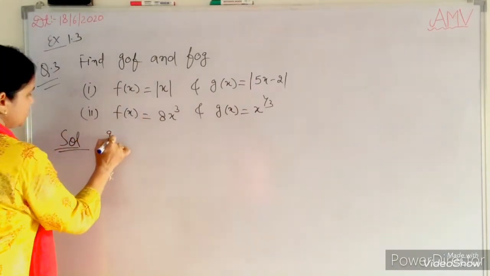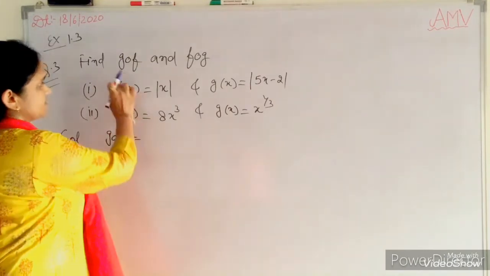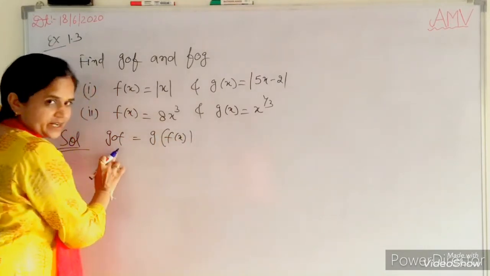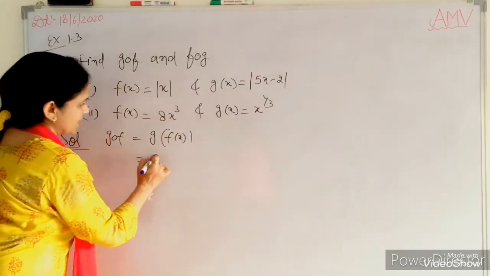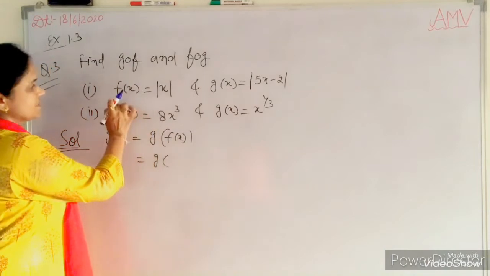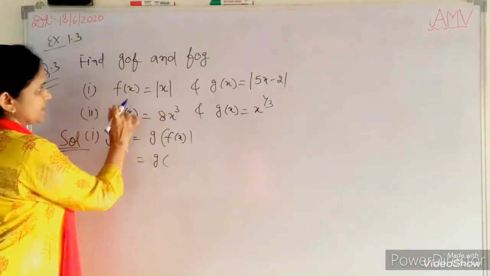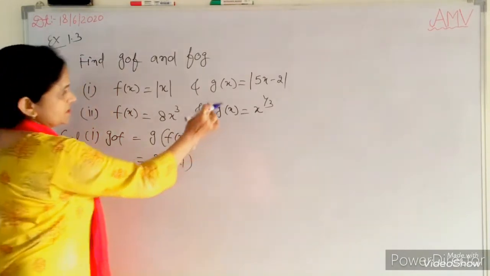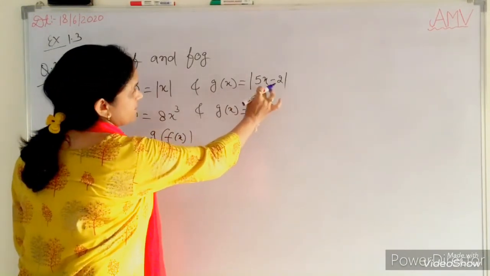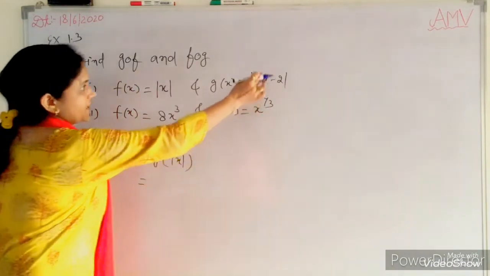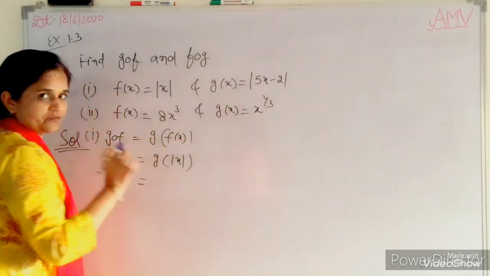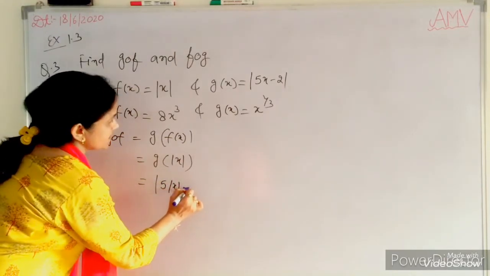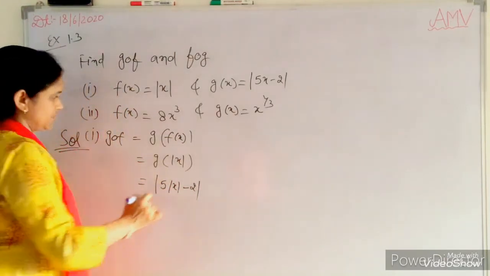For GOF first, okay student, write G(F(x)), taking the bracket in place of O. You will get G of f(x). What is f(x)? In the first part, it's mod of x, student. Now go for G. Here g(x) is given as mod of 5x minus 2, so in place of x we have to write mod of x. It is mod of 5 mod x minus 2.